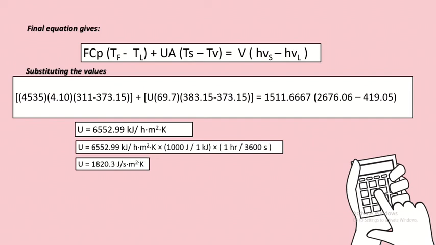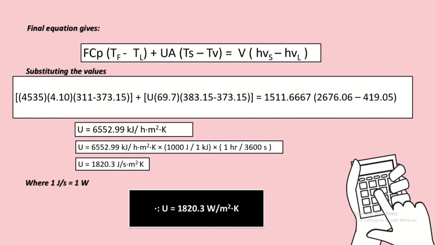The resulting units would be joules per second square meters Kelvin. And take note that 1 joule per second is equivalent to 1 watt. Therefore, our final overall heat transfer coefficient U is equivalent to 1820.3 watts per square meters times Kelvin.